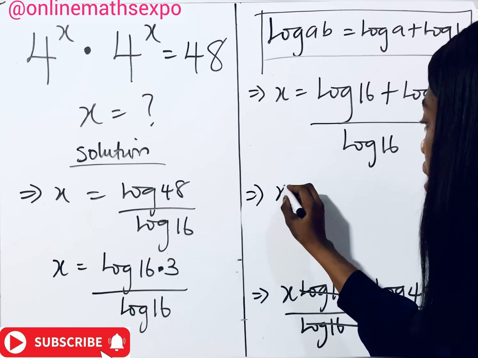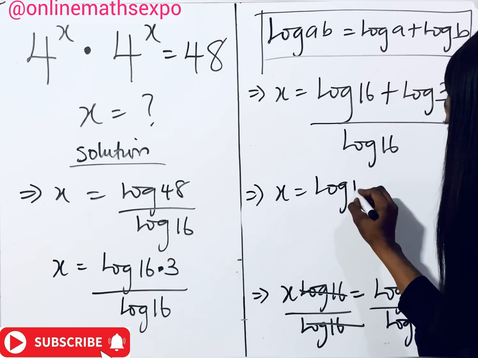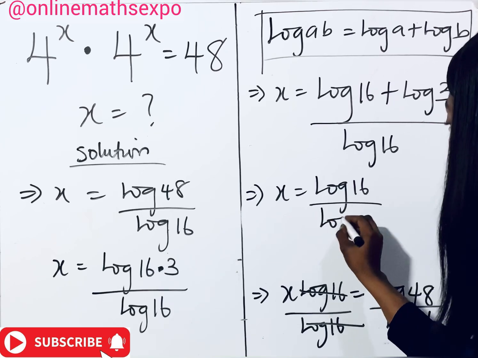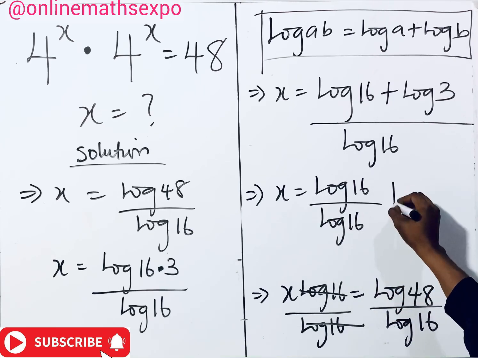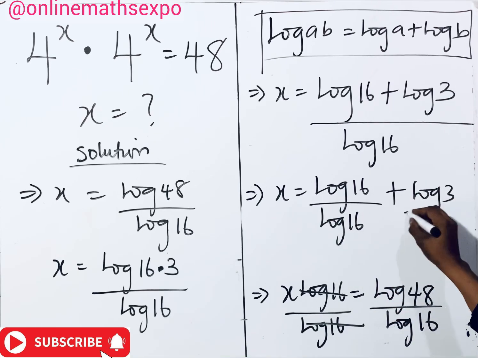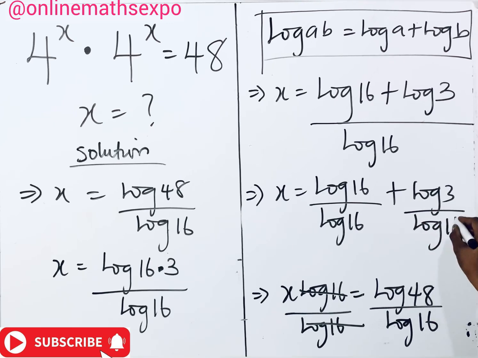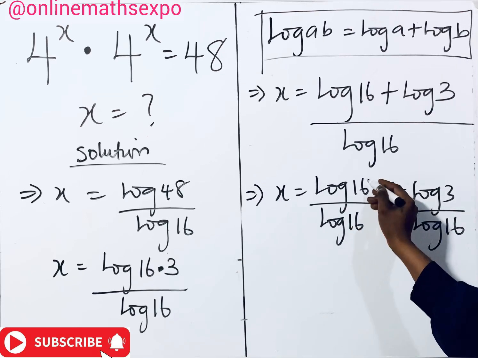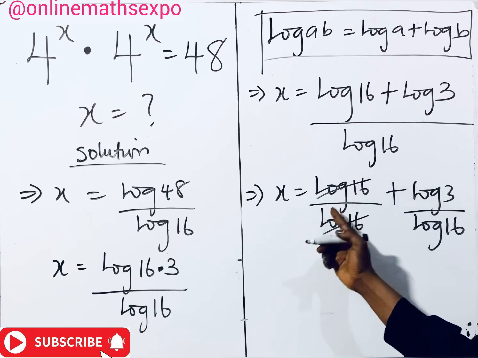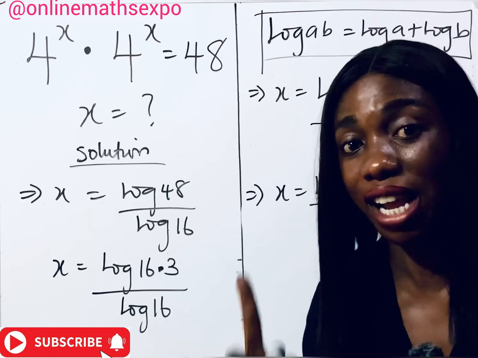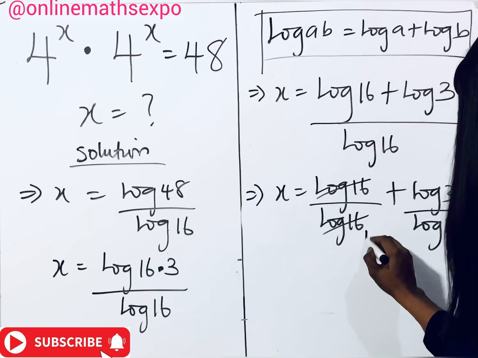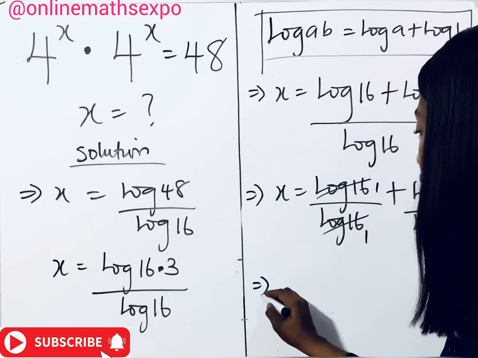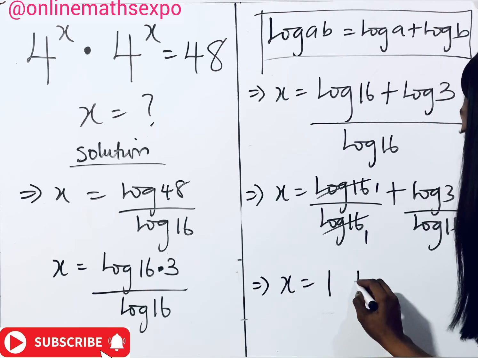We're going to have x is equal to log of 16 divided by log of 16 plus log of 3 divided by log of 16. Interesting. Now you observe that these two are the same, so you can cancel it. And when a number divides itself, please remember to write 1. So 1 is here, 1 is here. So our x is equal to 1 plus.